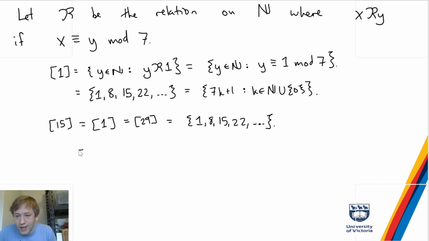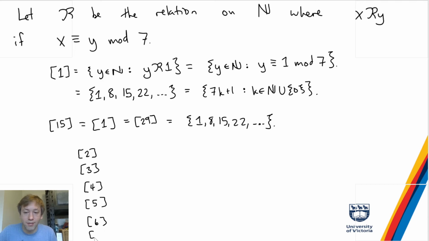So the other equivalence classes here, we have the equivalence class corresponding to the number 2, 3, 4, 5, 6, and 7. These are all going to be distinct, basically.